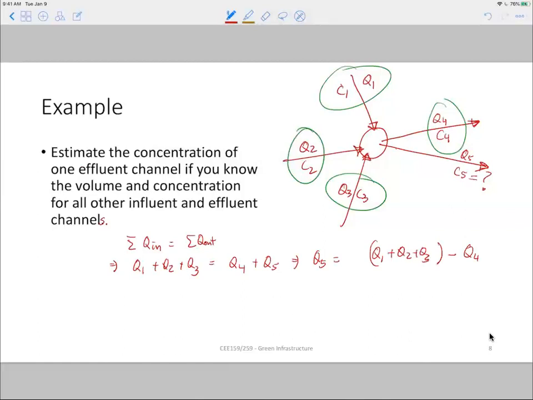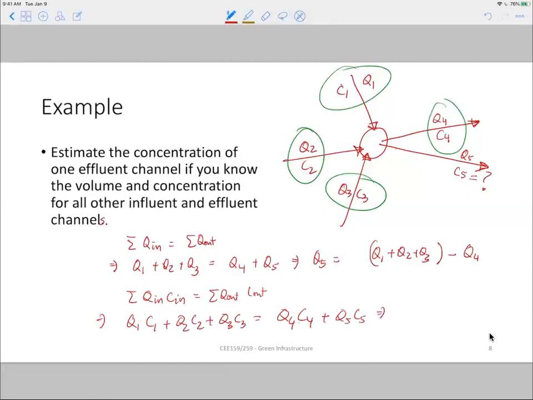But if you write the concentrations, it's exactly the same equation, except now there is a concentration term, Q out, C out. So again, let's write that: Q1 C1 plus Q2 C2 plus Q3 C3 equals Q4 C4 plus Q5 C5.